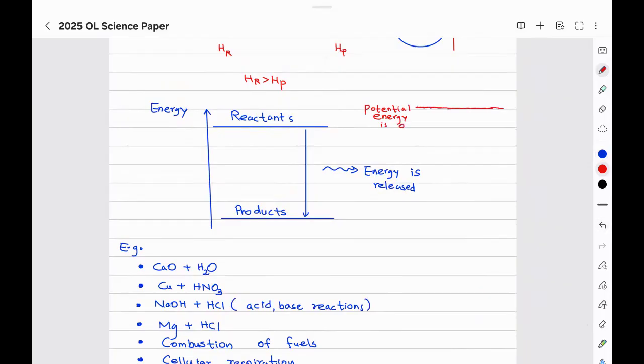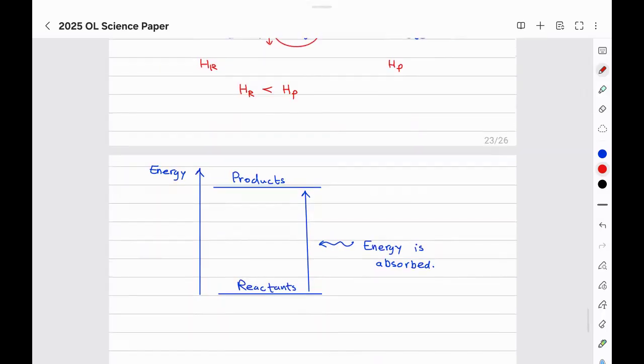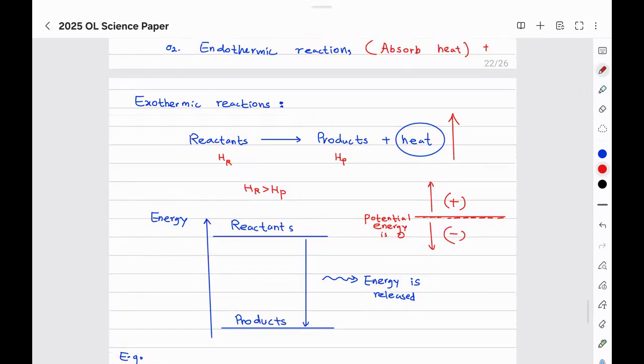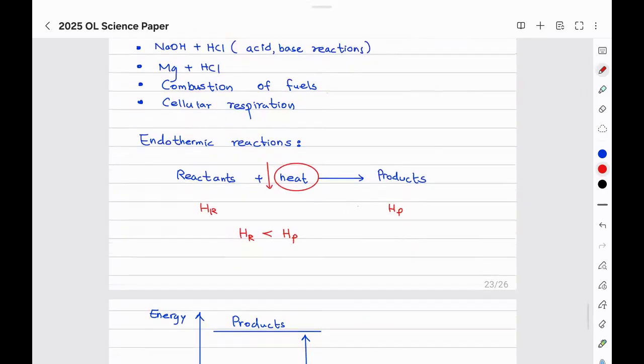All the energy values that we measure above this level are positive and below are negative. If you are going up, they are positive. If you are going down, they are negative. In this diagram, we are going down, so it's a negative value. Here we are going up, so it's a positive value. Don't worry, you will learn about those things later when you do A levels. So just for knowledge.